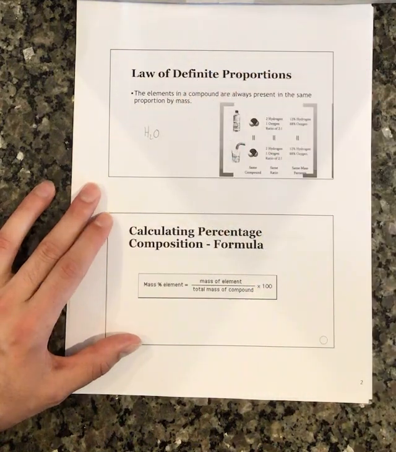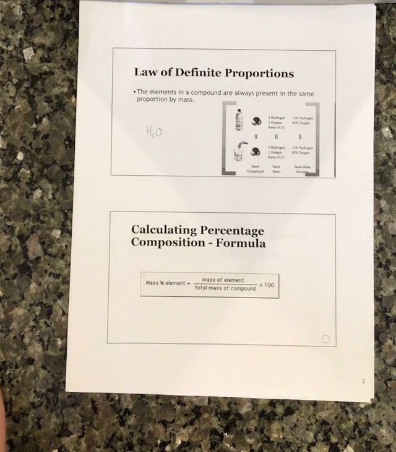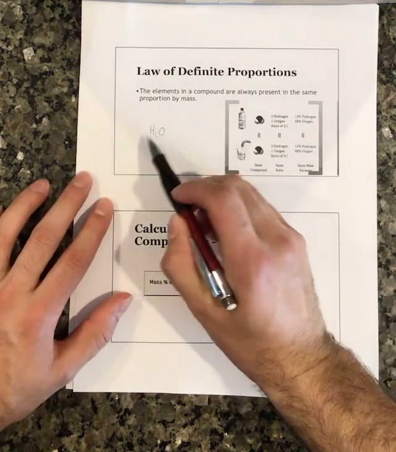So if I had 50 molecules of water, or 1,000,000 molecules of water, every single water molecule is going to be H2O.